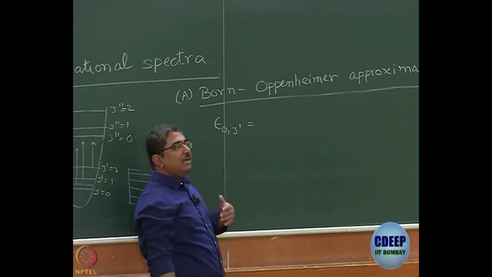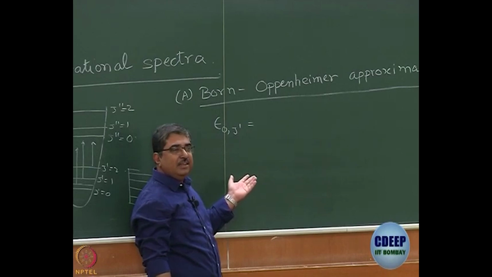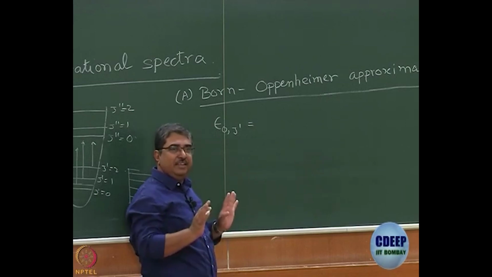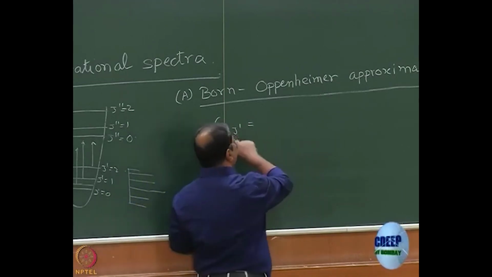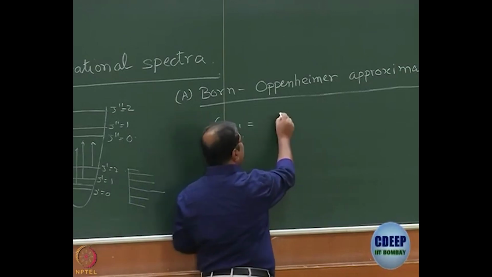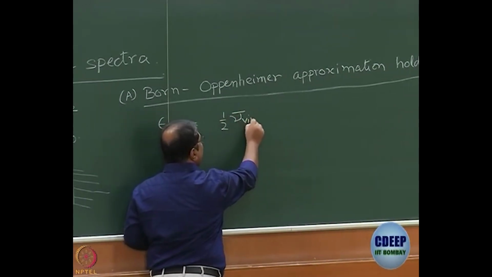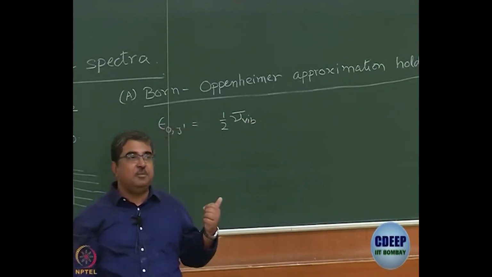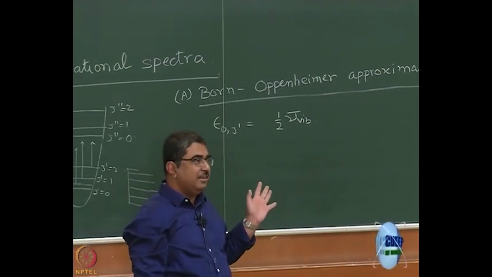So, what will be the expression for vibration energy be? Nu bar vibration, let us say, multiplied by V plus half, right? Right now we are working with harmonic oscillator. So, when V equal to 0, it is going to be half nu bar, and I will write nu bar Vib, but in a previous discussion you might remember we found out something interesting about this nu bar Vib.